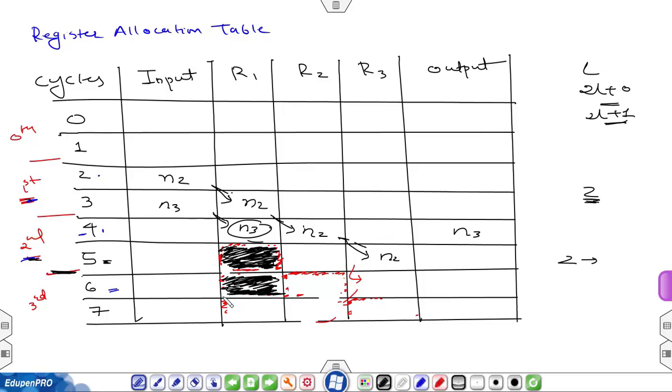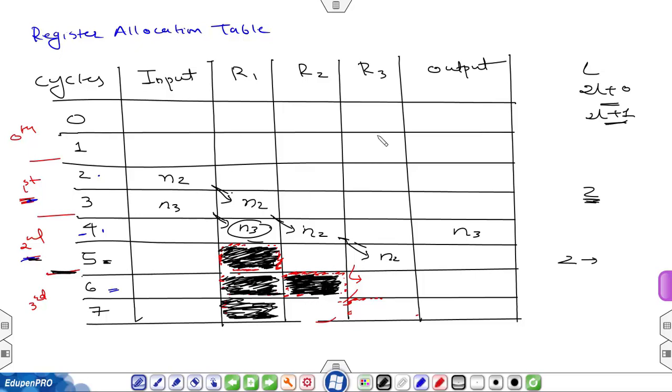Similarly, in the seventh cycle also R1 will be blocked, this time for N2. R2 is occupied by N2 in the fourth cycle. So in the next iteration in sixth cycle, it will be occupied by the output generated by adder number 2 in the next iteration.